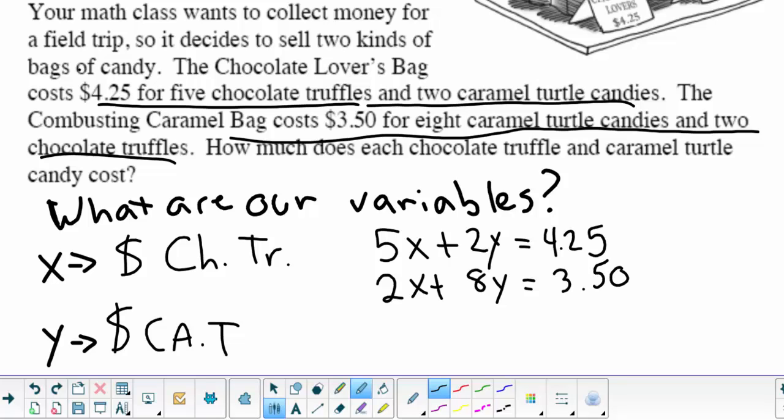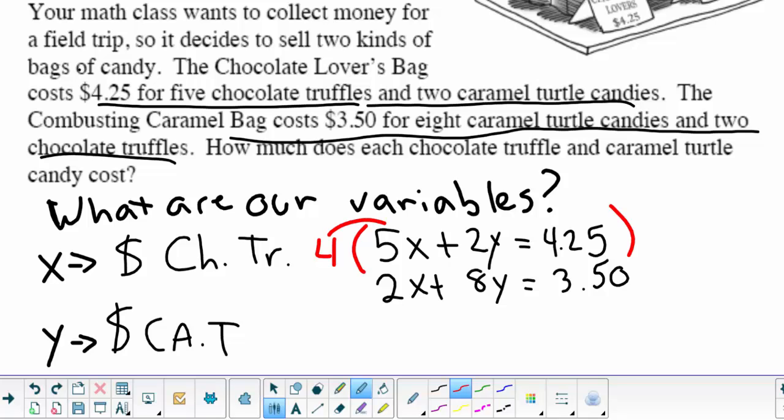Now notice this one is set up to where it looks like we could use elimination. I think that's going to be the easiest route. We need to look at these two equations and ask, if we add or subtract them, will one of the variables disappear? No. But notice, if we multiply the first one by 4, we'll be able to subtract them because then we would have an 8y minus 8y. So that's what I'm going to do.